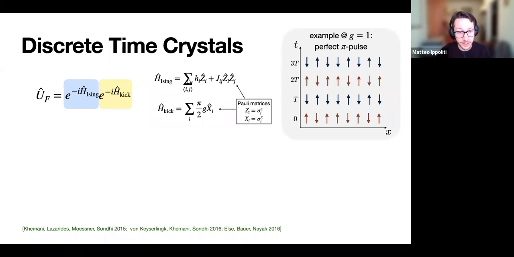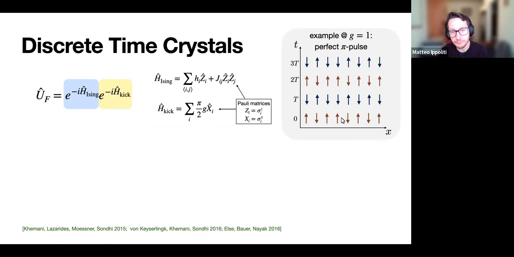And the following classical Ising evolution is completely trivial because all of the bit string states or computational basis states are invariant under this piece. Okay. So as we iterate this sequence, and each period is comprised of a kick and an Ising evolution, we find that each of these bit string states returns to itself only after 2 periods.